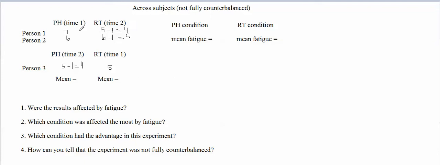So what you would do to calculate the mean fatigue of the Pizza Hut condition is add up all of the fatigue scores in the Pizza Hut condition right here and divide the total by 3. So it would be 0 plus 0 plus 1 divided by 3, because this has a fatigue of 1 at time 2.